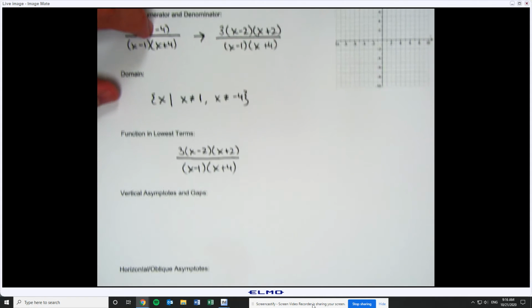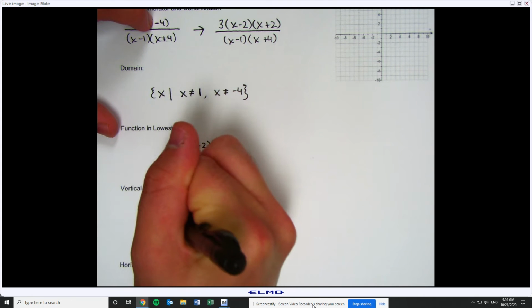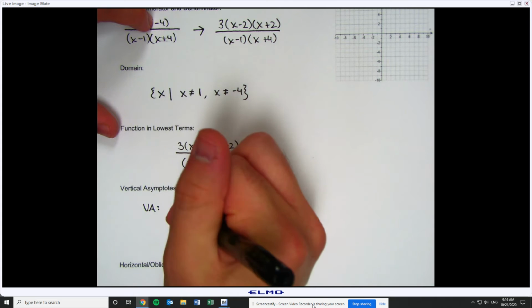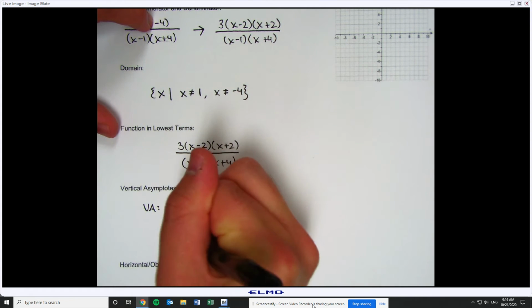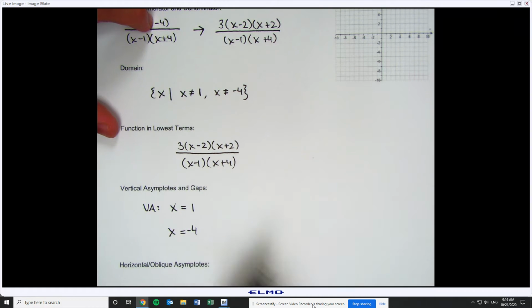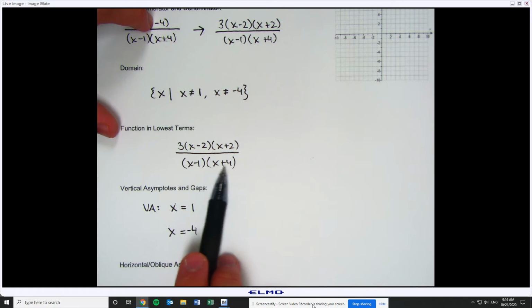That's useful for us on this step, the vertical asymptotes. So as far as the vertical asymptotes go, nothing got crossed out, so both of them are going to be vertical asymptotes for me. So I get x equals 1 and x equals -4. And again, you can look up here or just look to see what's still an issue for my lowest terms.